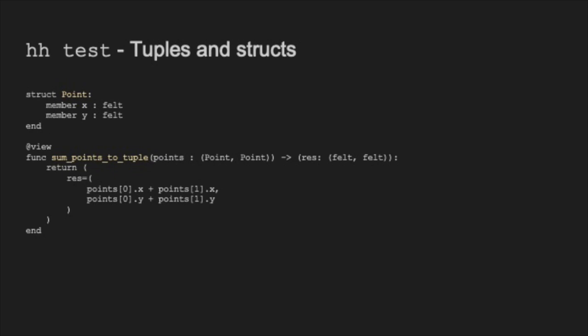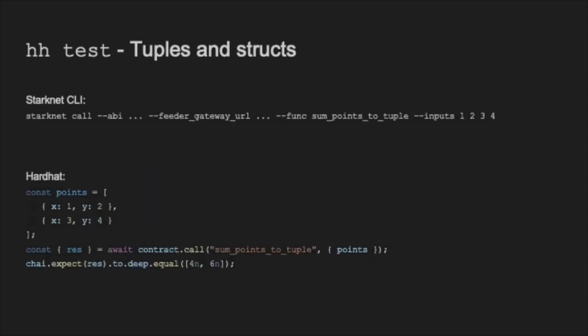On the next slide, we can see the difference in the usage of this function in the StarkNet command line tool and in Hardhat with the plugin enabled. So once again, we can see that providing the numbers themselves is more well structured in the Hardhat case.